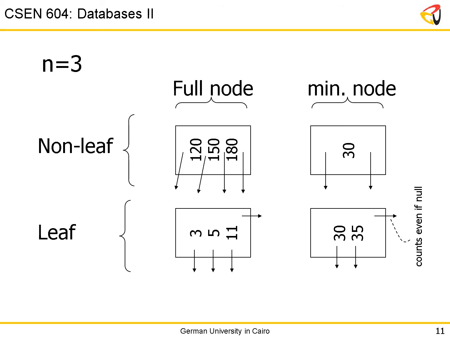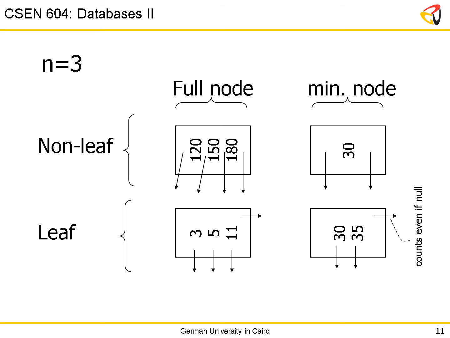When we talk about the full node, if n is equal to 3, it means the maximum number of keys I could have is 3. At the leaf level, you will see the 3 values, 3, 5, and 11. And associated, as we said before, with every one of those is a reference to where that row is that has the value 3, or that has the value 5, or that has the value 11. And then you get this sibling node.